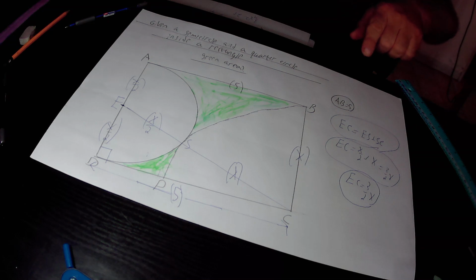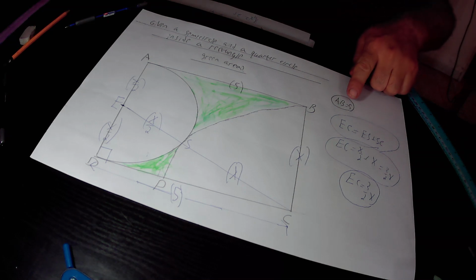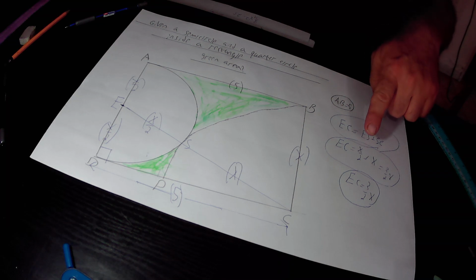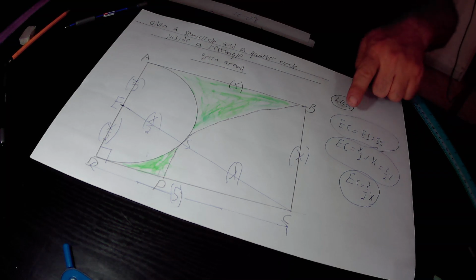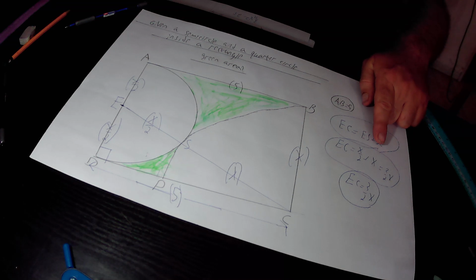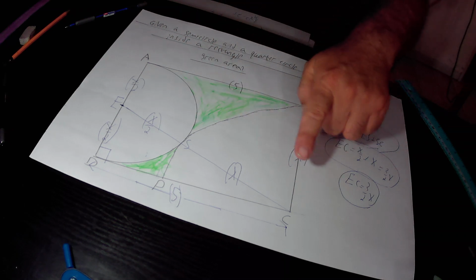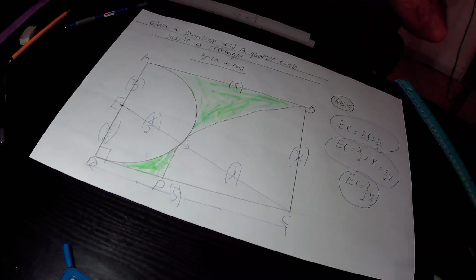So in total, EC equals x over 2 plus x, that is 3 over 2 x. We found out that the length of segment EC is 3 over 2 x.